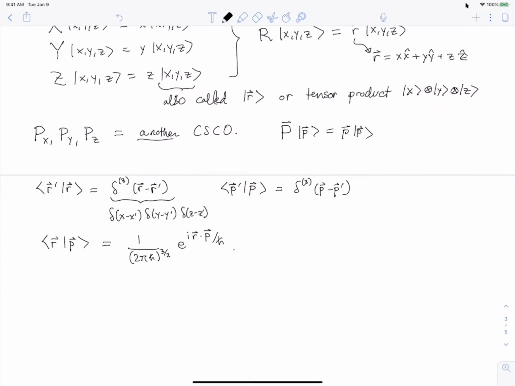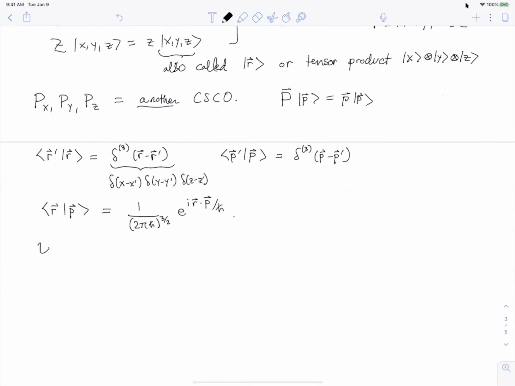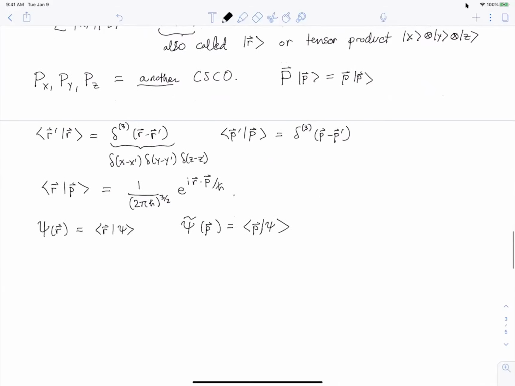Okay, and then you can write down three-dimensional wave functions like this, and three-dimensional momentum wave functions like so, and do things like completeness.